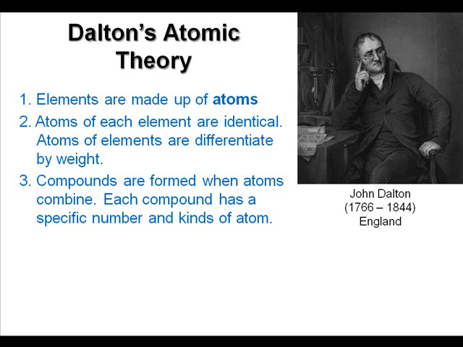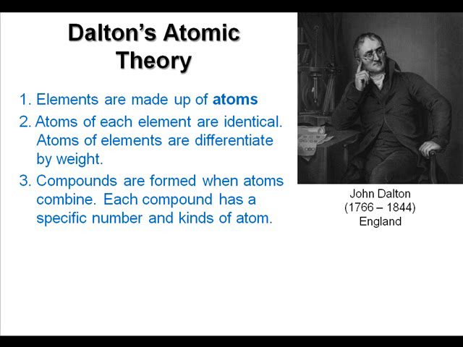He went on to suggest that, in fact, atoms are able to combine with each other. And when they combine, you could make a different substance. For example, water. Water was a compound, and it occurs by linking different atoms together. In that case, he actually knew it was oxygen and hydrogen atoms that combined together to make this substance called water.